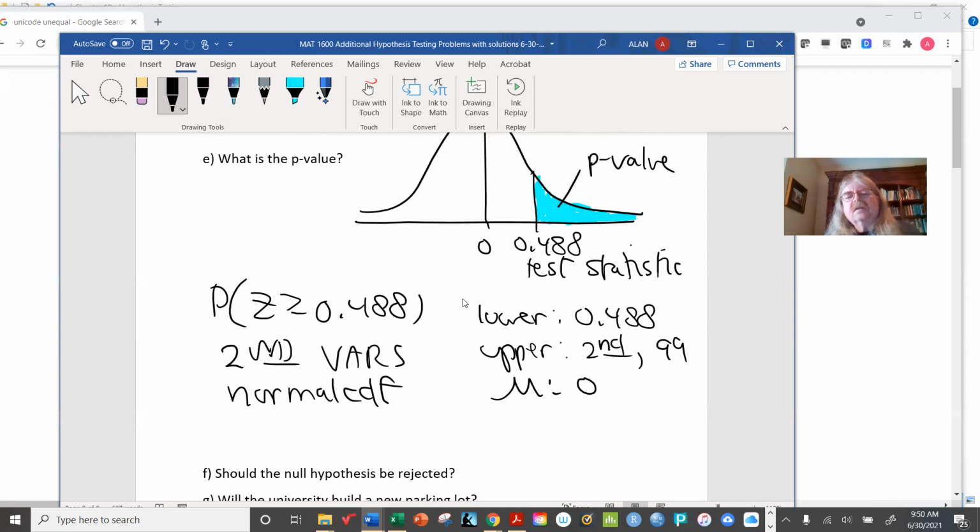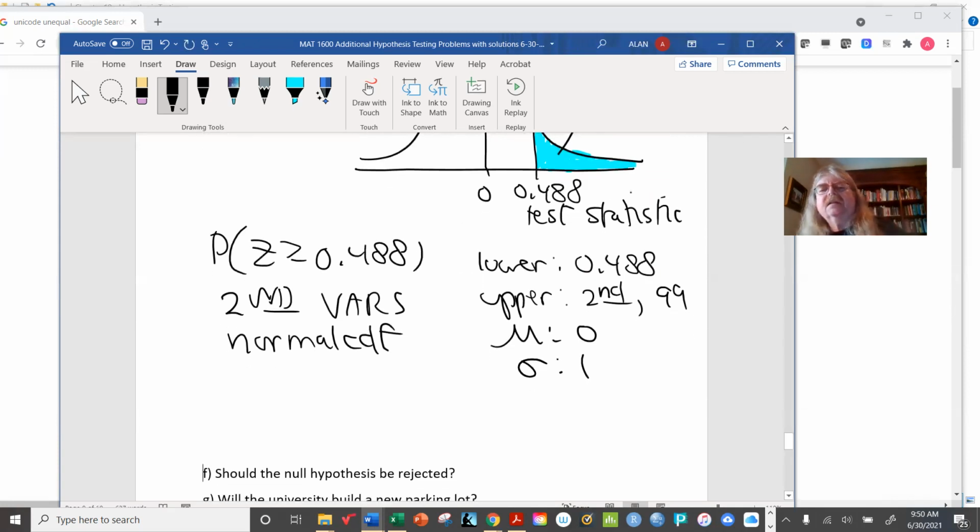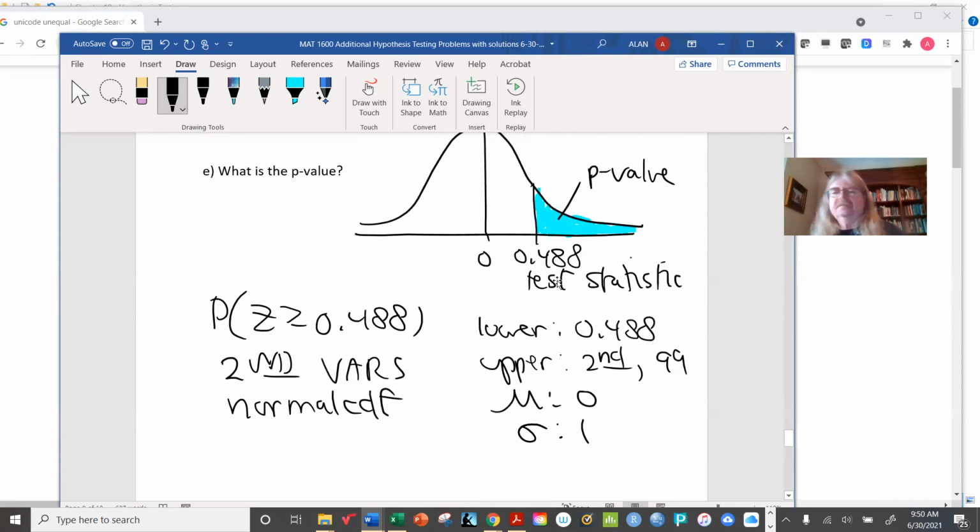The mean will be 0. The standard deviation is 1. Let's see, I'm going to do that right now. All right, 0.488. Upper is 2nd comma 99.